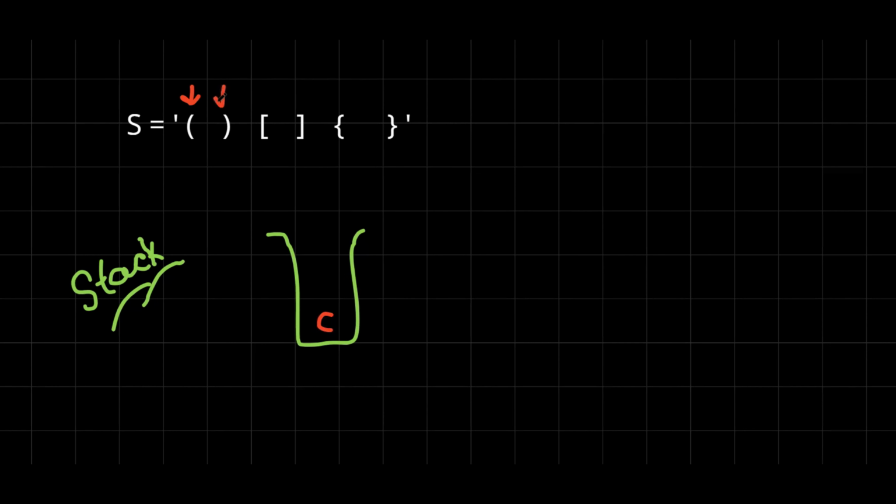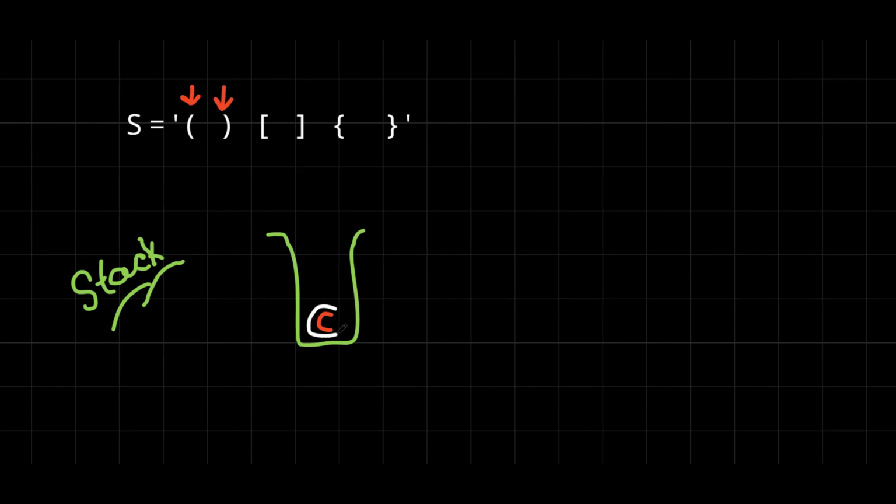Now, in the second character of the iteration, we have found the closing bracket or the closing first bracket. So now we have to check whether the top element of our stack is the opening first bracket or not. As we see, the top element of the stack is the opening first bracket, and our current element is the closing first bracket.